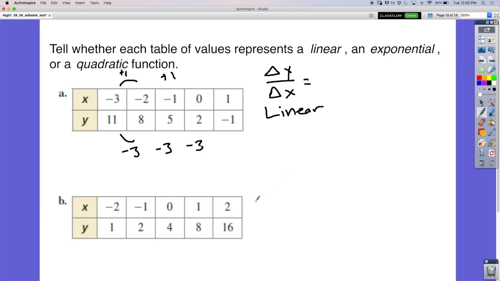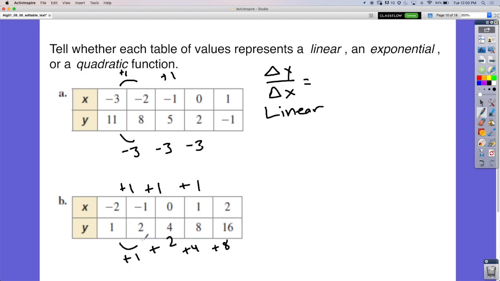Now let's look at B. Let's look at the change here. This is plus 1. This one is plus 2. This one is plus 4. And then what is this one? Plus 1, plus 1, plus 1.